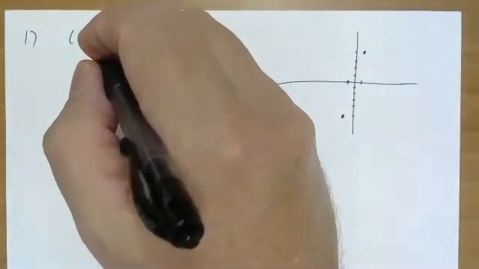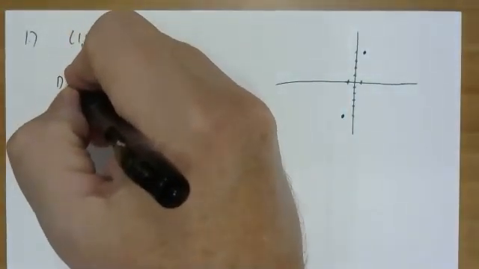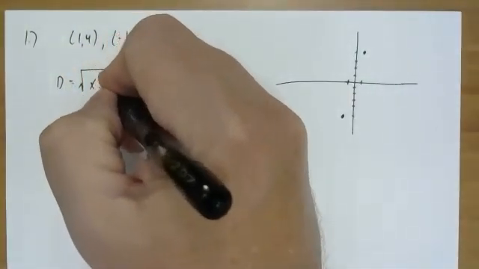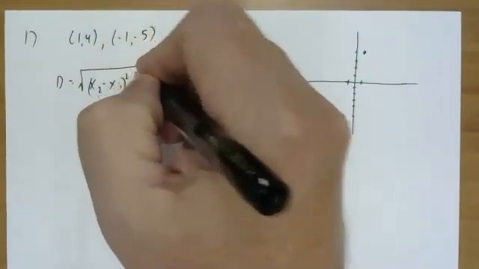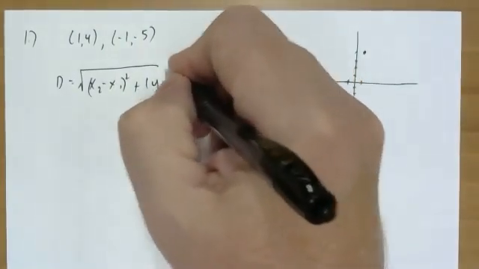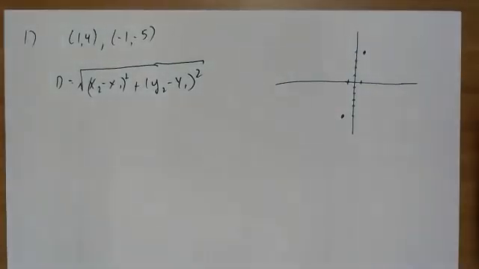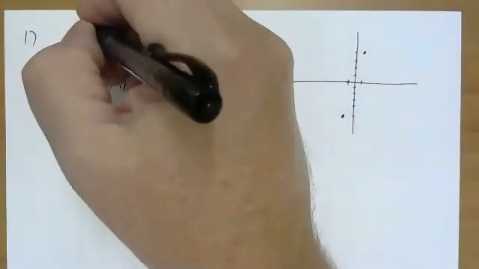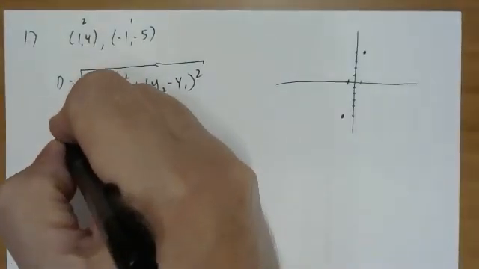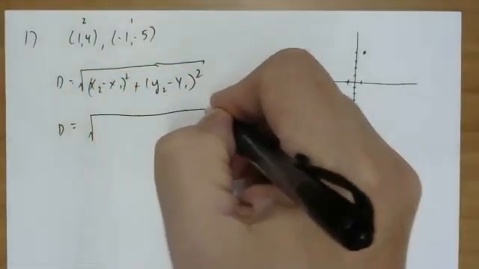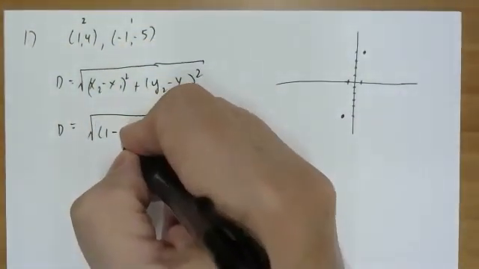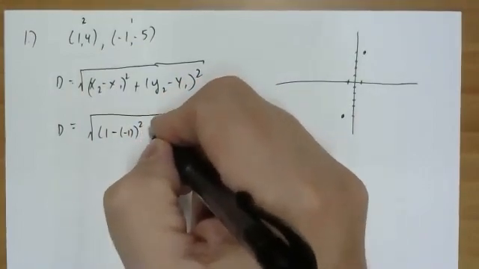Distance formula for 2 points: the square root of x2 minus x1 squared plus y2 minus y1 squared. Doesn't really matter, I can just call this point 2 and point 1. X of my second point, 1, minus x of my first point, -1, all that squared.